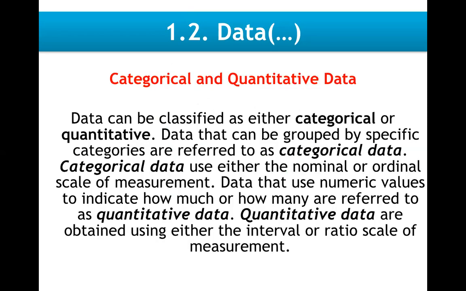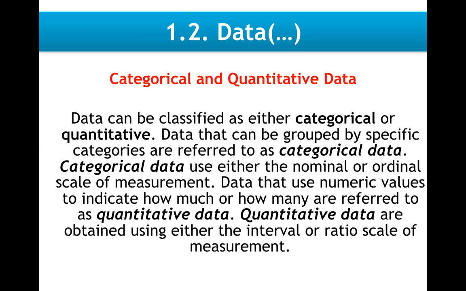Now, let's move on to the differences between categorical and quantitative data. Basically, data can always be classified as either categorical or quantitative. Categorical here means qualitative.